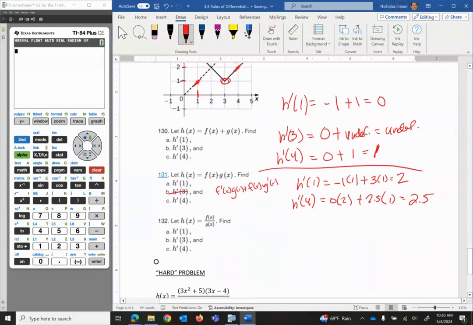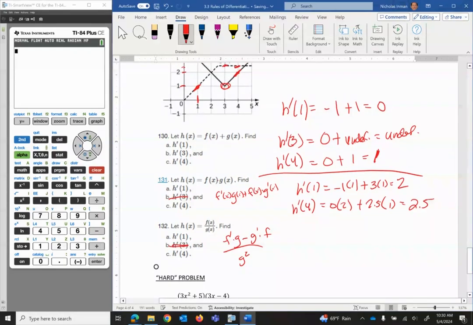All right, last but not least, a quotient rule. f prime g minus g prime f over g squared. We're going to skip the third one. But f prime at 1. Let's see.